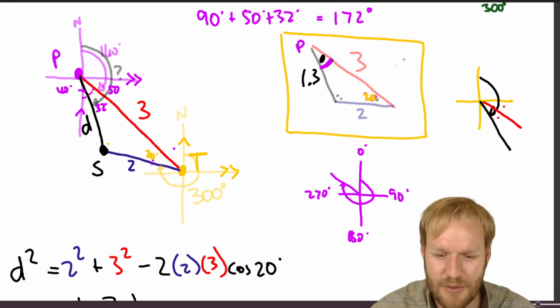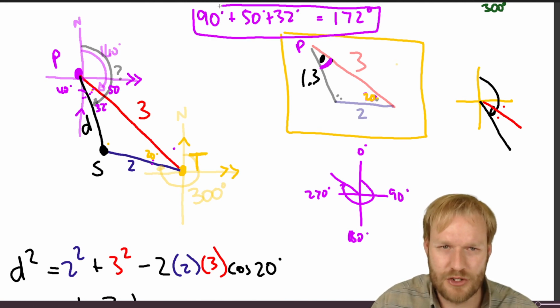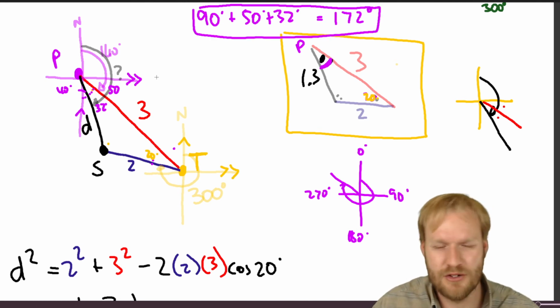I was worried that I was out by a decimal place somewhere, which is quite possible. But let's see, 31.74, yeah, that's right. So there we go. There's our bearing, going all the way around.